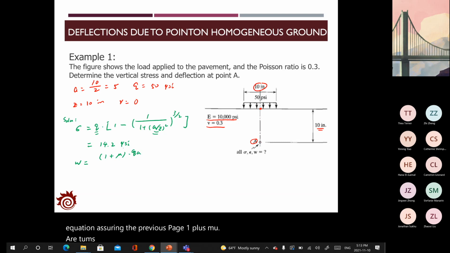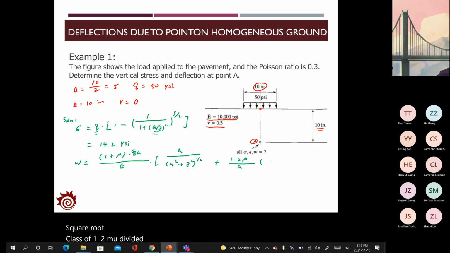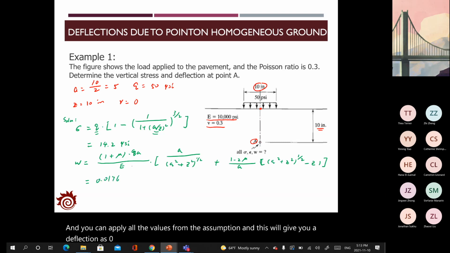Mu is 0.3, and Q is 50, times A divided by A squared plus Z squared square root, plus (1 minus 2 mu) divided by A times the square root of A squared plus Z squared minus Z. You can apply all the values from the assumptions, and this will give you a deflection of 0.0176.